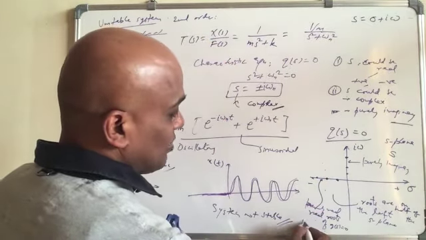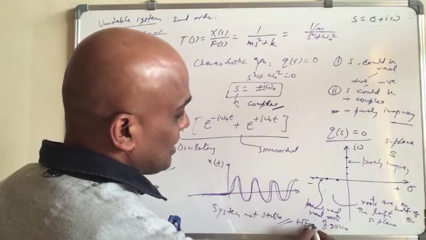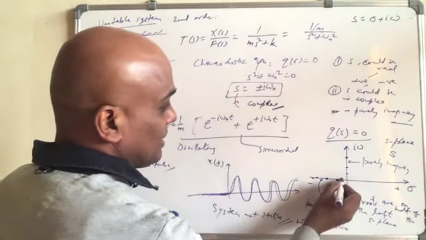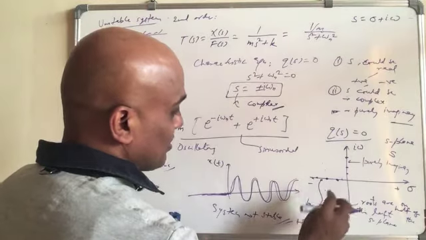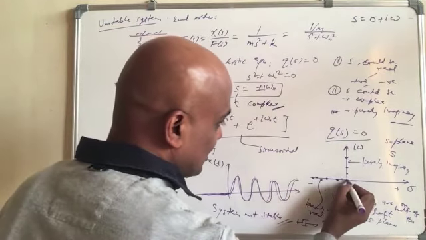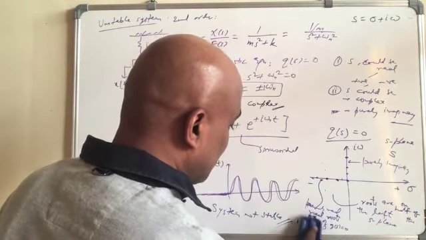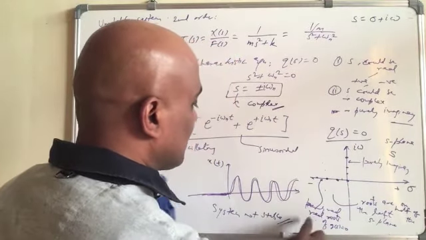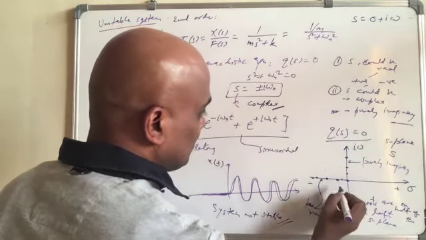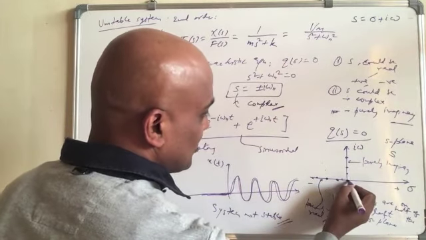For example, you have a damper basically, and here you are applying a force. Then the root is here. Otherwise, this is not purely real. This is when s equal to 0.